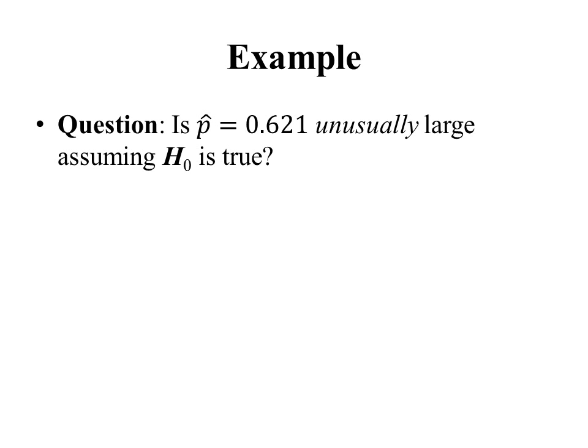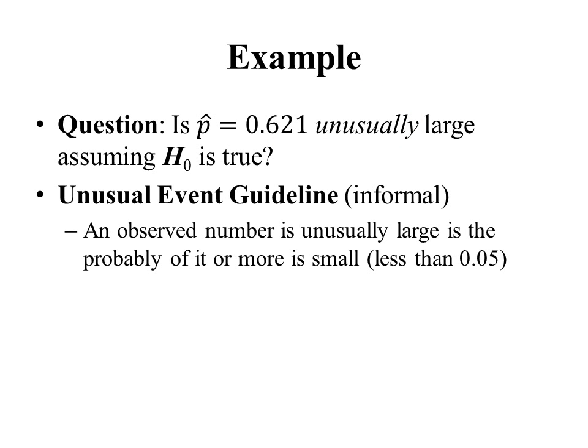Okay. So this sample proportion of 0.621 is large, assuming the null hypothesis is a true statement, but is it unusually large? To answer that question, we're going to use the unusual event guideline that we first saw way back in Chapter 2, which informally says that an observed number is unusually large if the probability of it or more is small.